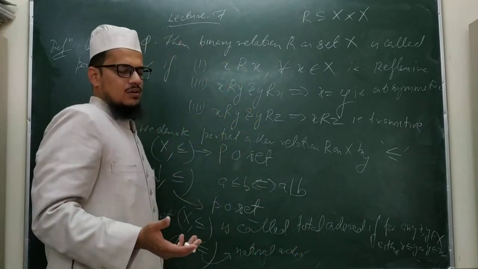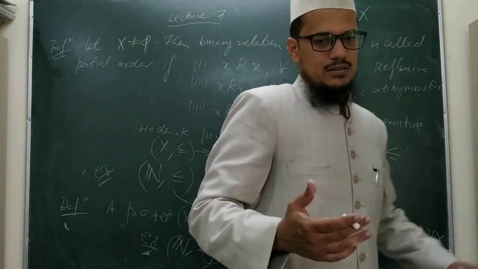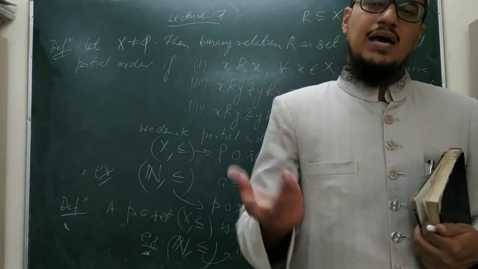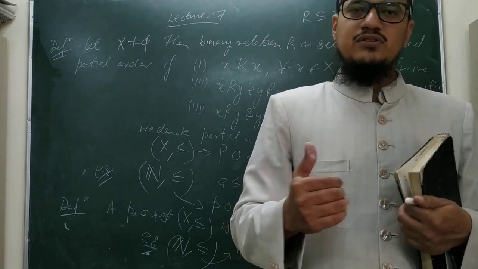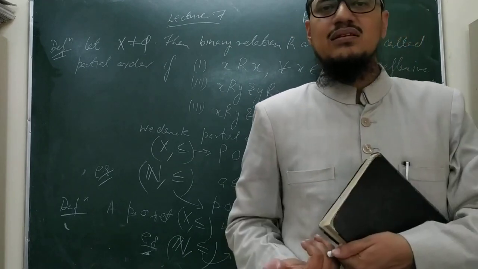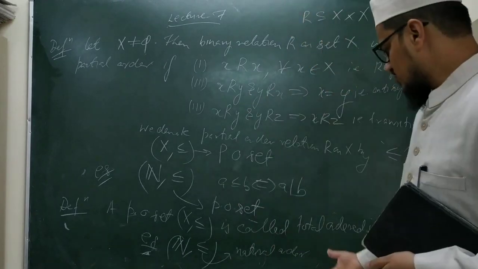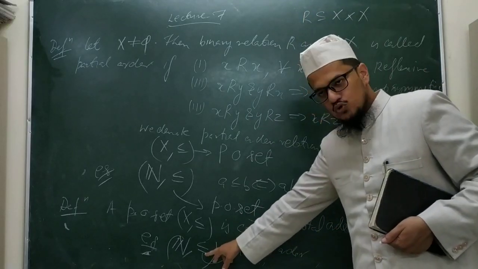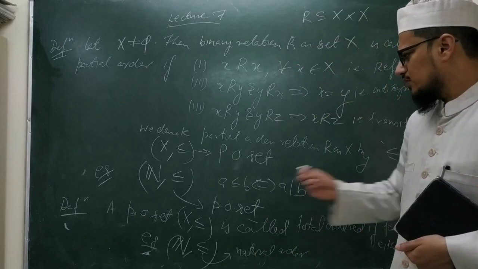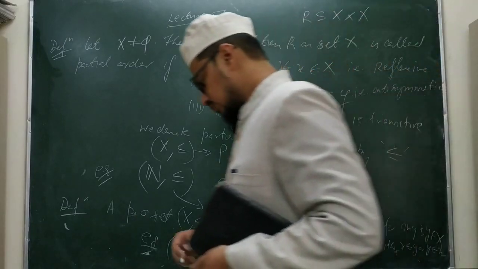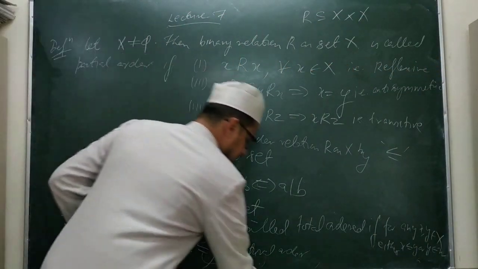All of you can see that if you take any two natural numbers, either one natural number is less than the other, isn't it? So this order is the usual order, the natural order. So this is an example of a totally ordered set. Now we move to the next definitions.